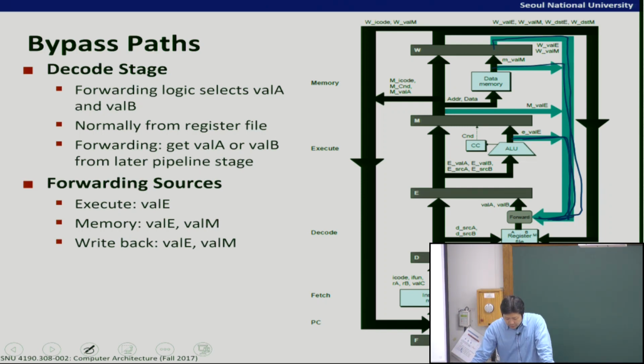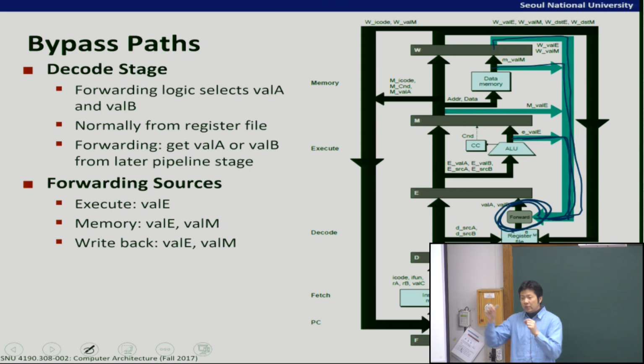So in decode stage, here's a forwarding logic, this box. This box selects val A and val B, because in decode stage we generate two values, val A and val B, right? But by default, val A and val B are read from the register file. So far, this is what it did.